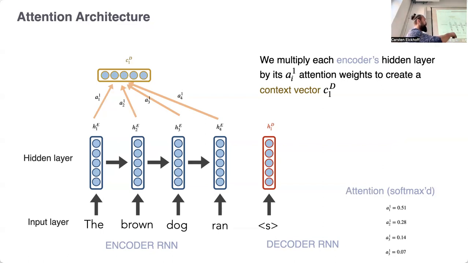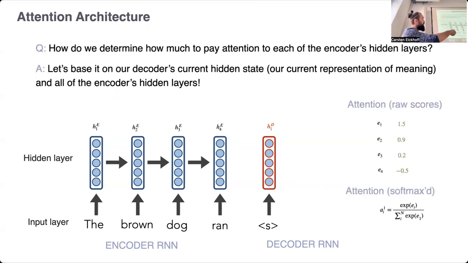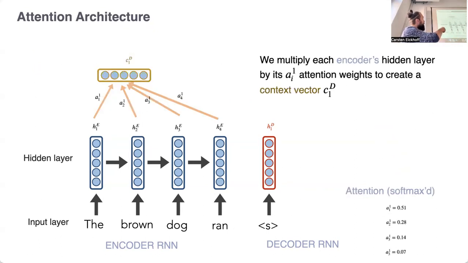So maybe I'm at the very beginning, so I've only decoded sentence start, and now in order to decode the next word here, I'm using this nice dedicated neural net to estimate these scores. And now these scores become these attention weights here. So now I have all my inputs, and I've learned, conditioned on this, how much attention to pay to these to get them all into one context vector, right? So this is just some form of weighted sum.